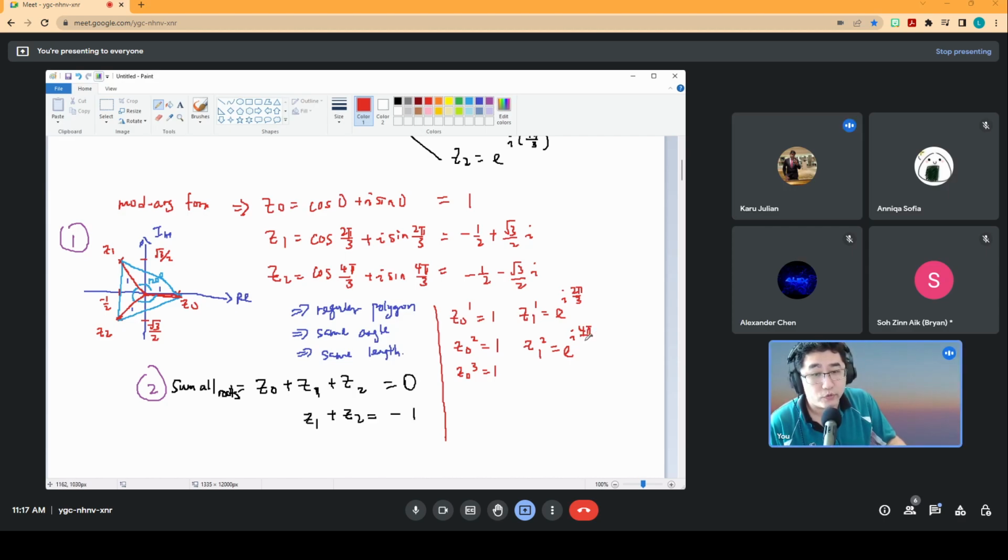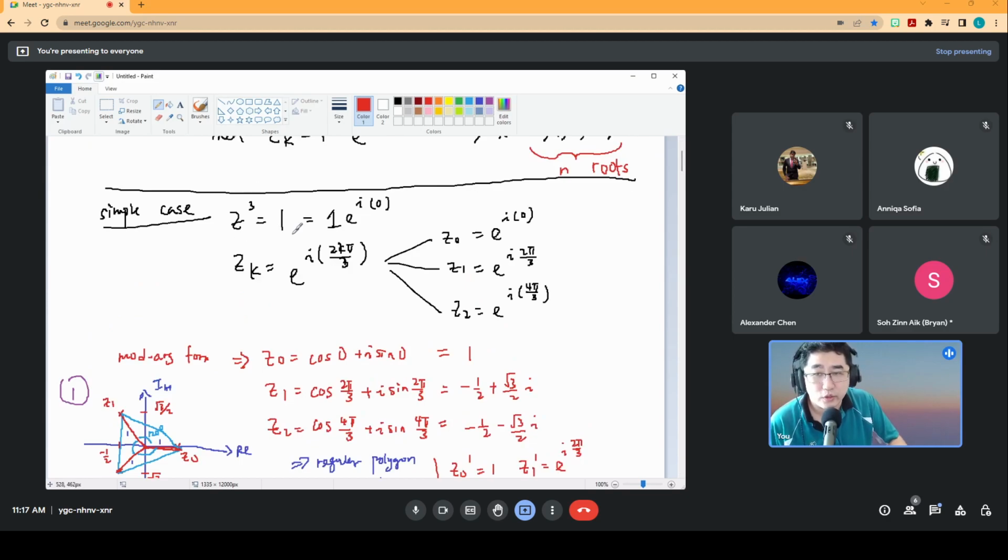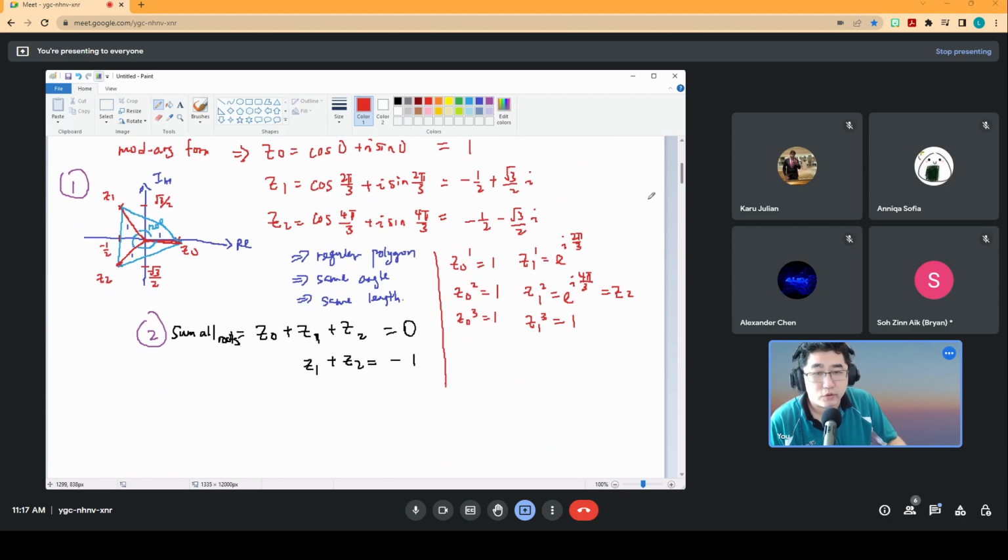Over 9 is wrong, over 3, sorry. 4π over 3, right? So do you see that e^(i4π/3) is exactly our Z2? This is equal to Z2. Of course, Z1 power 3 equals back to 1, because that's our original question here. So what I can observe is Z1 power 2 gives me Z2.